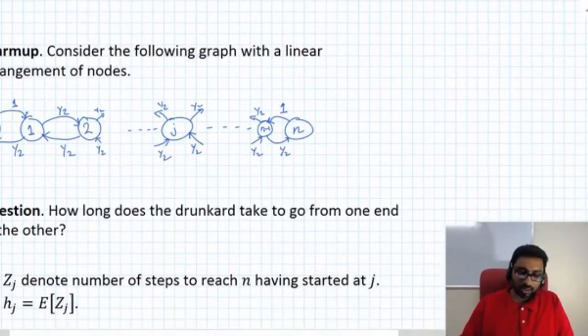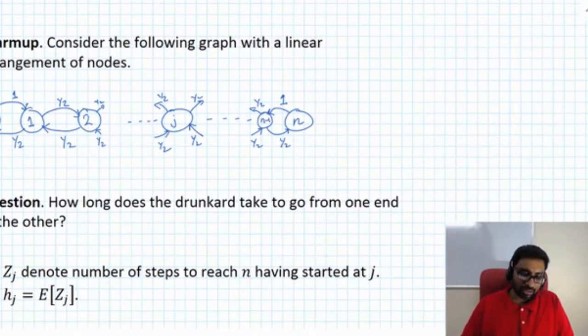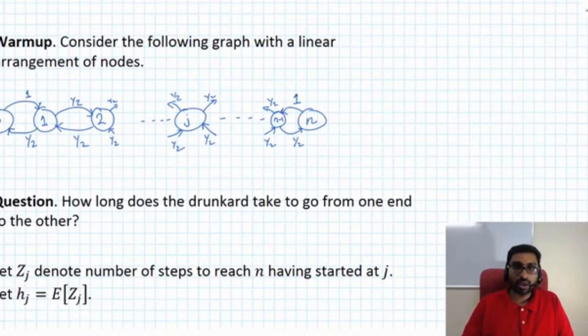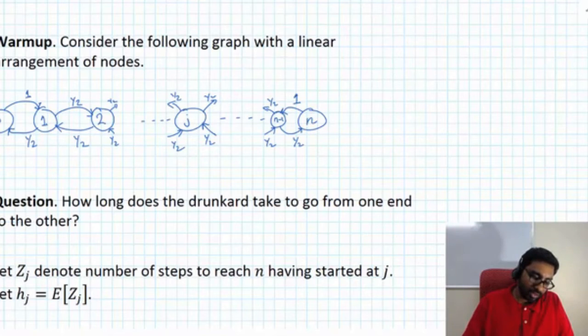So here's a simple warm-up. Let's consider a Markov chain in which the states range from 0 to n, and they are arranged in linear fashion, starting from 0 here to n over here.